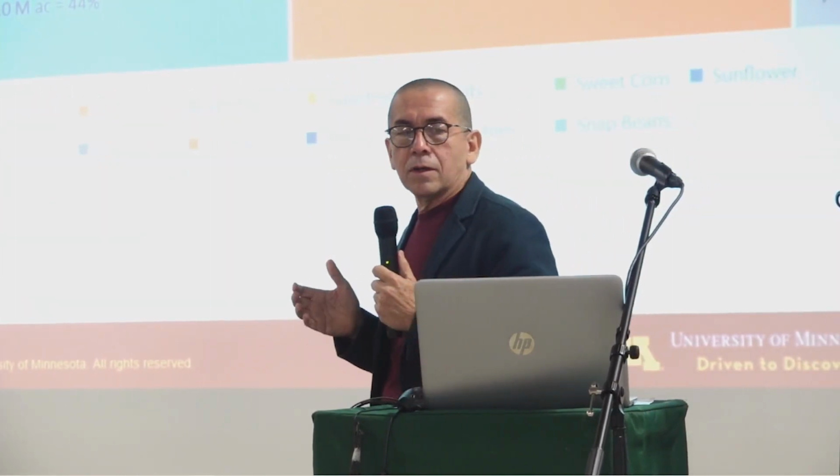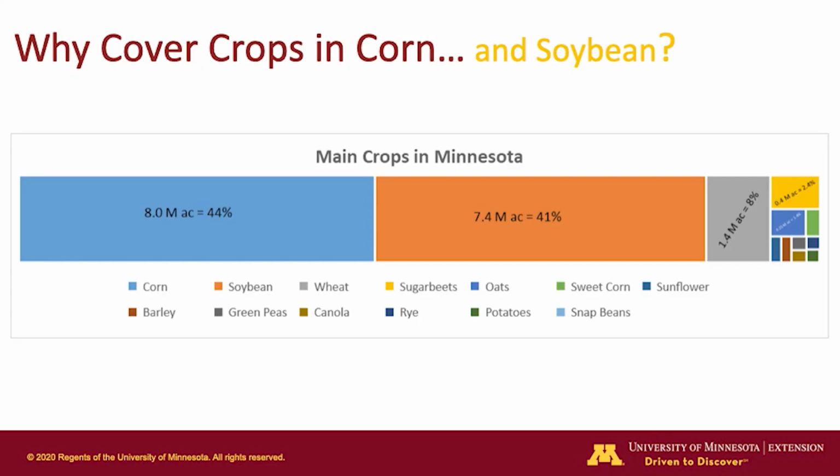So why cover crops in corn? I am not going to talk too much about this because you guys know much better than I do. So in Minnesota, 44% of the area on their main crops belongs to corn. The other 40+% is soybeans, and then comes the rest. So you can see that our landscape is basically corn and soybeans.